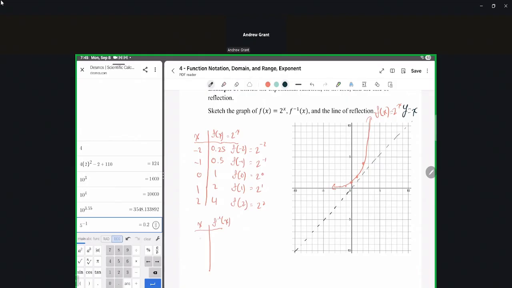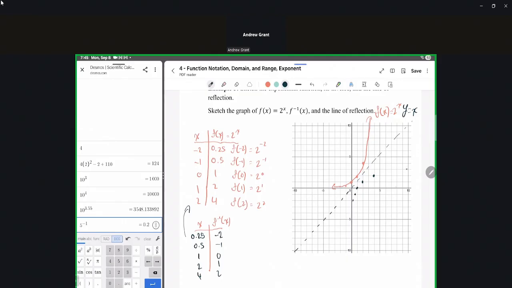Okay, so here we're going to have 0.25 and negative 2, 0.5 and negative 1, 1 goes to 0, 2 goes to 1, and 4 goes to 2. And all I did was read the values from above and just swap their positions. So 4, comma 2 would be here, 2, comma 1 would be here, there's 1, comma 0, 0.5, comma negative 1 is about here, and there's our last value.